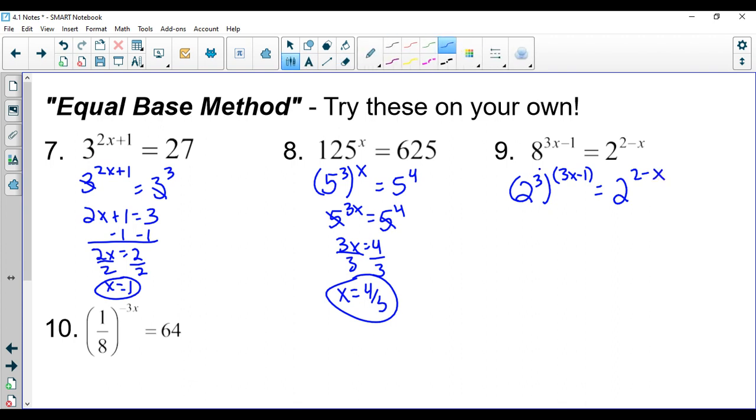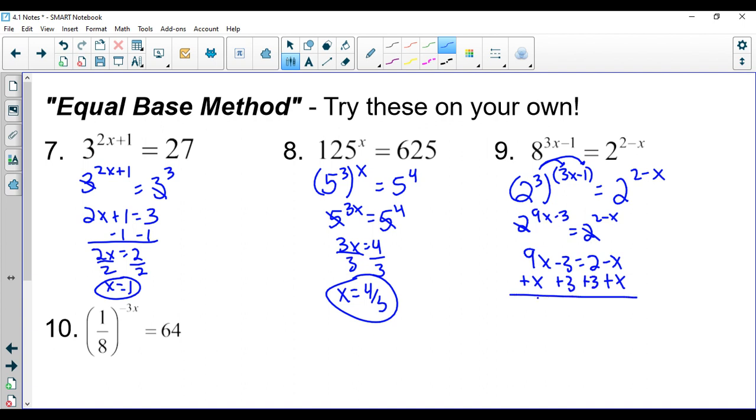Okay, we have to multiply our exponents here because of that law of exponents. 9x minus 3 in the exponent. And then our bases now cancel out. 9x minus 3 equals 2 minus x. We would add x and add 3. So we get 10x on the left, 5 on the right. And when we divide by 10, x equals 1/2.